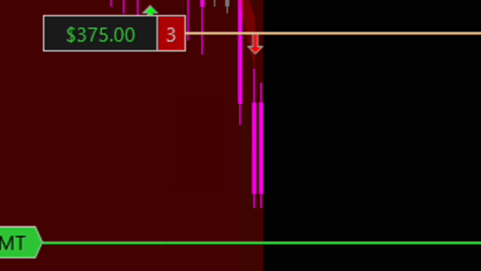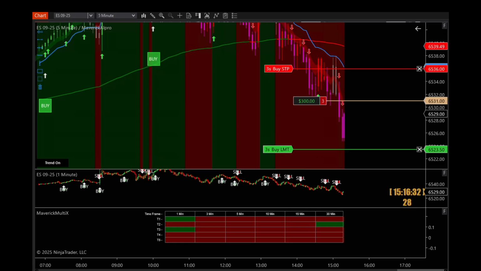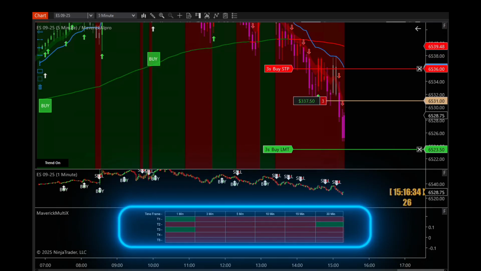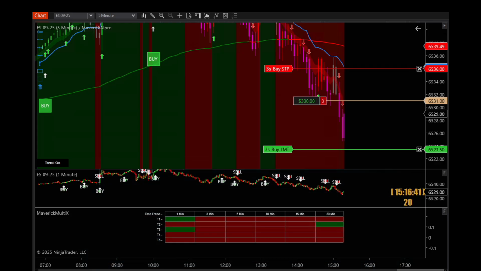All their stop losses are getting grabbed, and they got out of Dodge, and they got out of this trade. But because you have your Maverick Multi-X down here showing you pretty much mostly red across 6 different time frames. And by the way, you can make these time frames whatever you want. If you want to make them a 30-minute, 60-minute, 90-minute, 4-hour, it's all customizable.